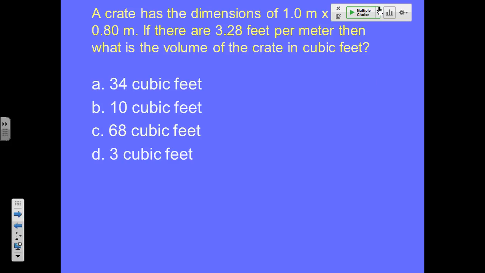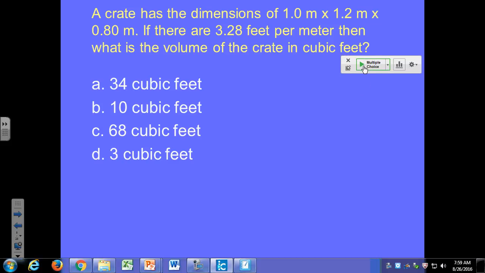A crate has these dimensions, 1 by 1.2 by 0.8. If there are 3.28 feet per meter, then what is the volume of the crate in cubic feet? You can use your calculator, but try just doing a quick estimate, because you could just change this to 3, and you're going to find that one of the answers will become apparent. So use your calculator if you want, but try doing it without it too.